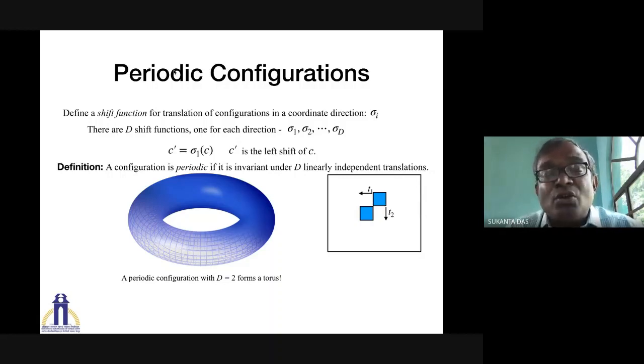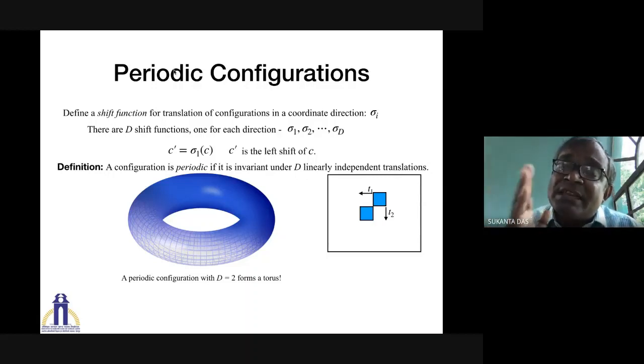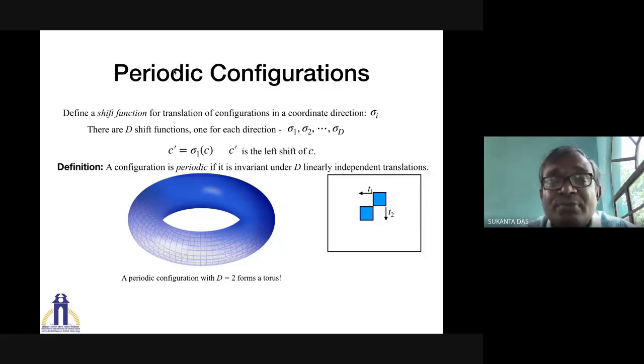Why is it so? Because after one place, the same configuration, the same state sequence of the cells, is repeated. So as if your CA is running on that torus.